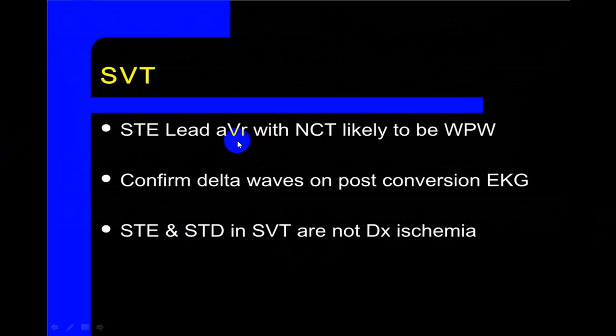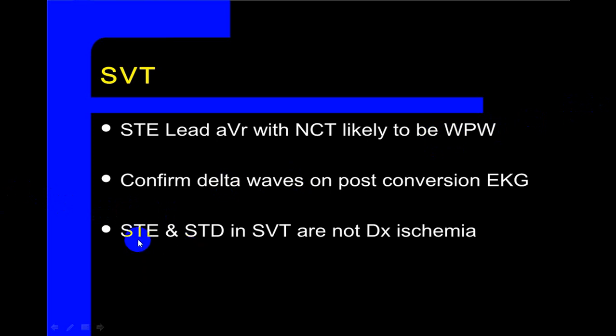So ST elevation in aVR with narrow complex tachycardia is likely to be WPW syndrome. Very, very important: confirm the delta wave after conversion. If you see a delta wave post conversion, it is 100% in favor of WPW, the Wolff-Parkinson-White syndrome.